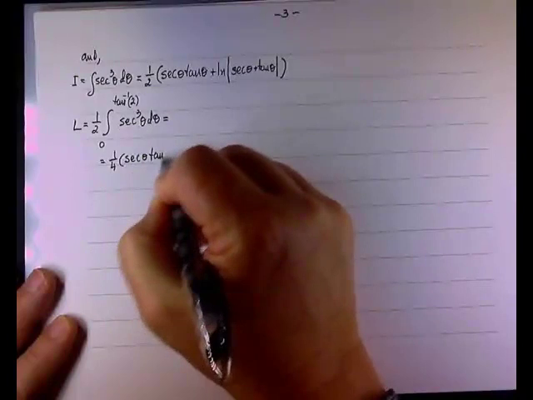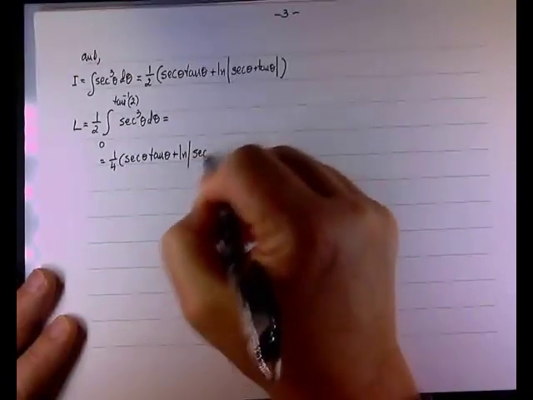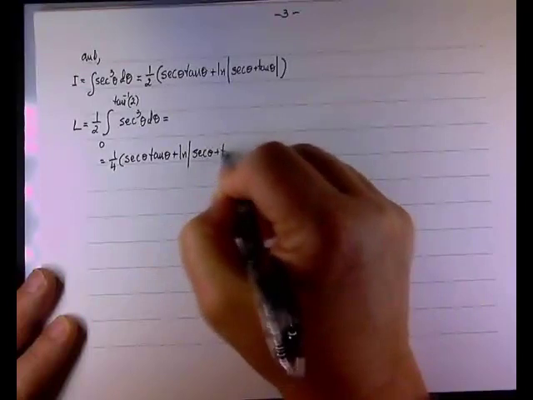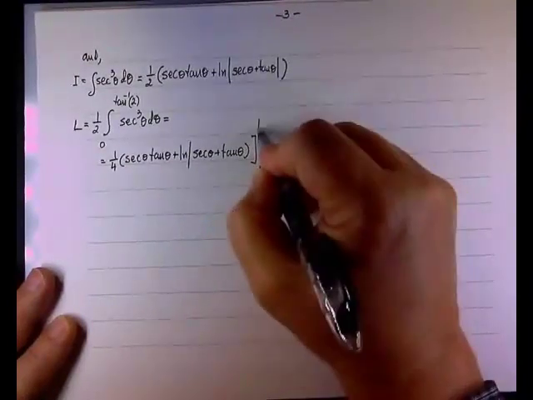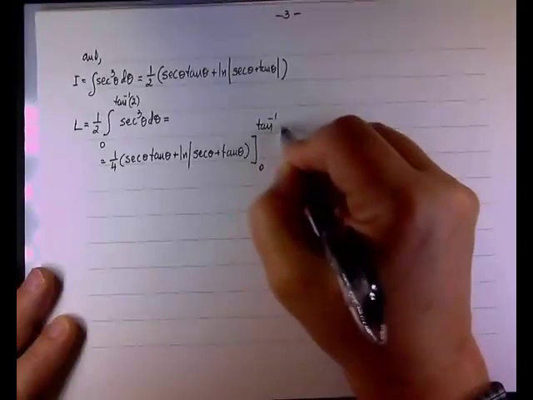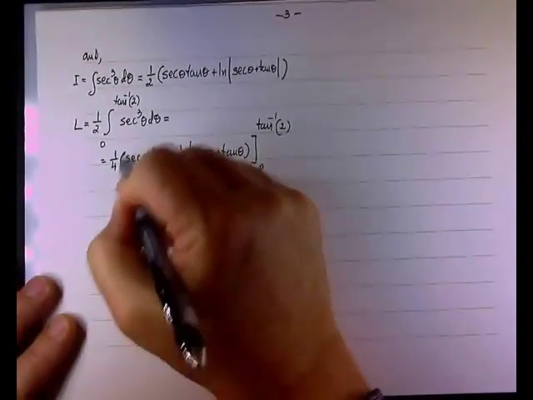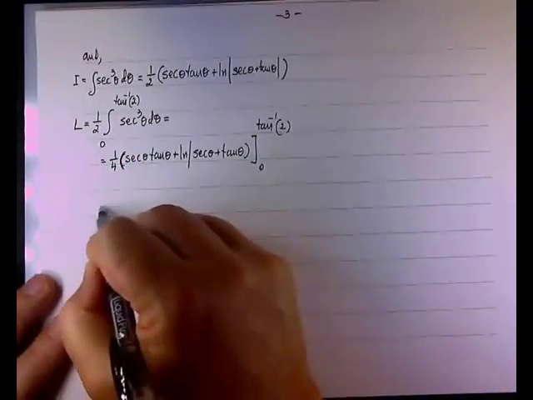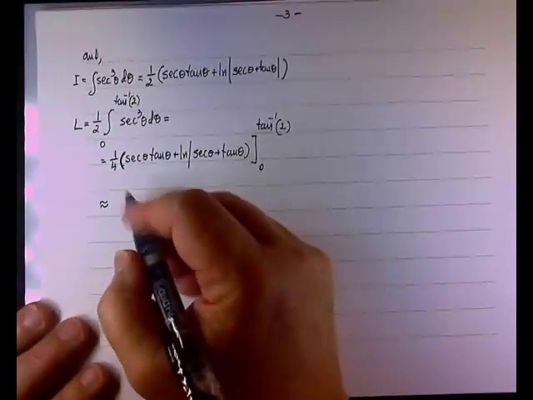So it equals 1/4, if you divide everything by 2, of the secant times the tangent plus the natural log of the absolute value of the secant plus the tangent. And this will be evaluated from 0 to the inverse tangent of 2, which is a number.